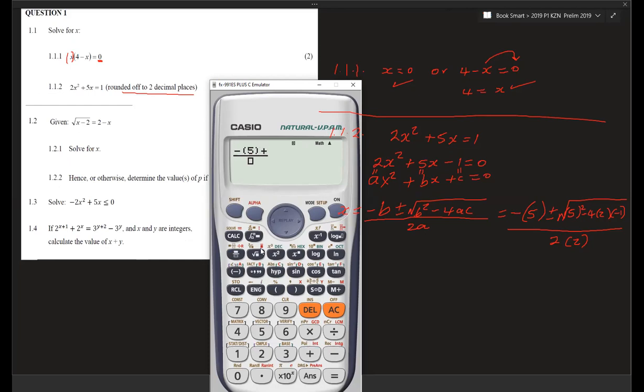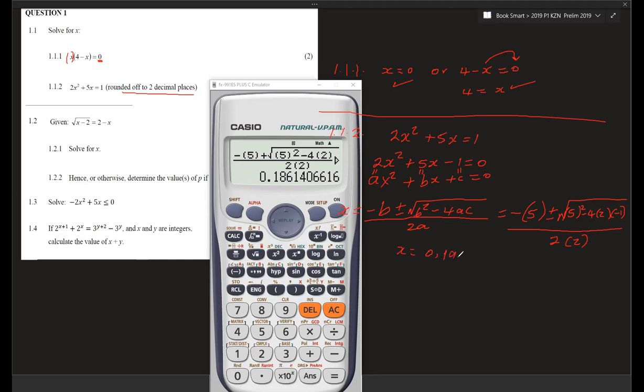So that's 5 squared minus 4 times 2 times negative 1, over 2 in brackets. Then the solution is, let's see, 0.19. So the first solution is x equals 0.19.